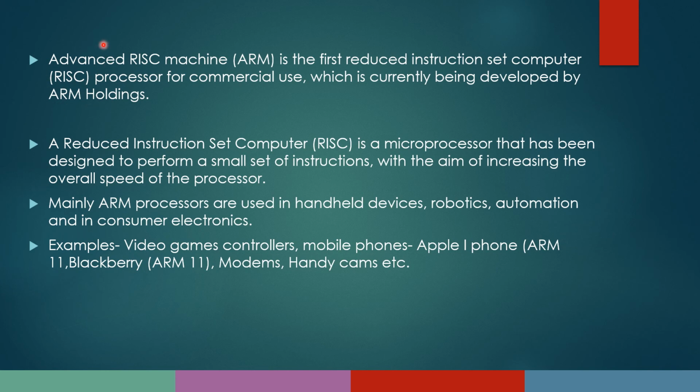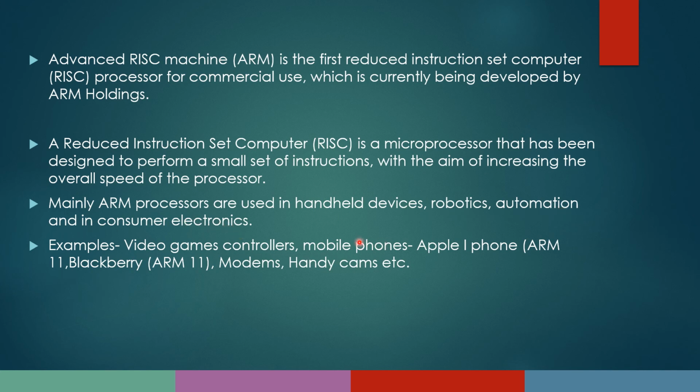The ARM processor was the first RISC processor developed for commercial use, and it is capable of performing a small set of instructions, so the overall speed of the processor increases. ARM processors are used in applications such as handheld devices, robotics, automation, and consumer electronics.